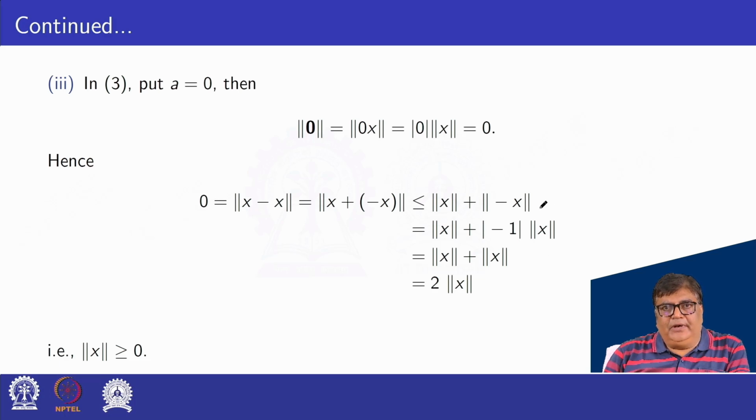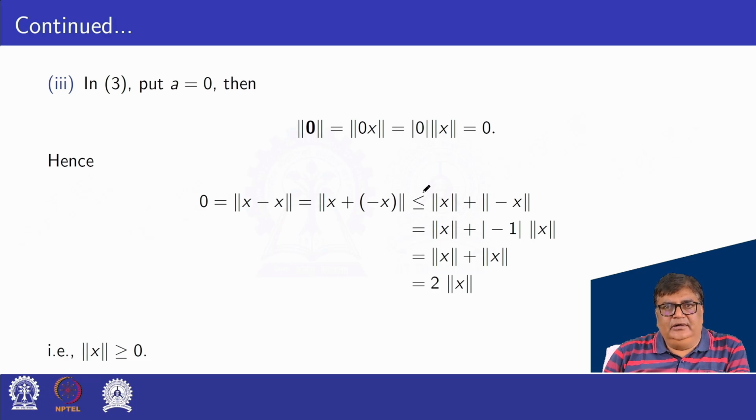Again we apply the third property, ‖αx‖ is equal to |α| ‖x‖, where here α is −1 and x is a vector, so |−1| is 1, so ‖x‖ plus ‖x‖, that is 2‖x‖.